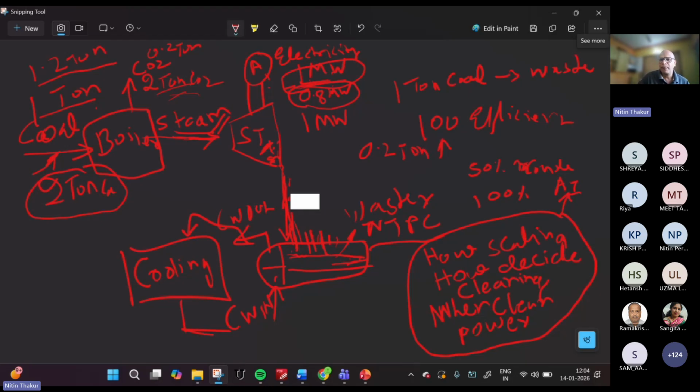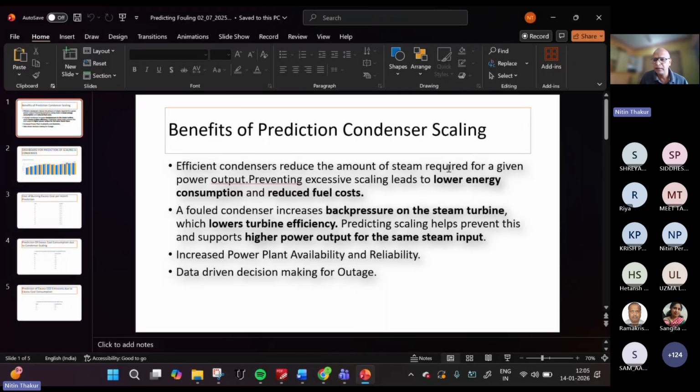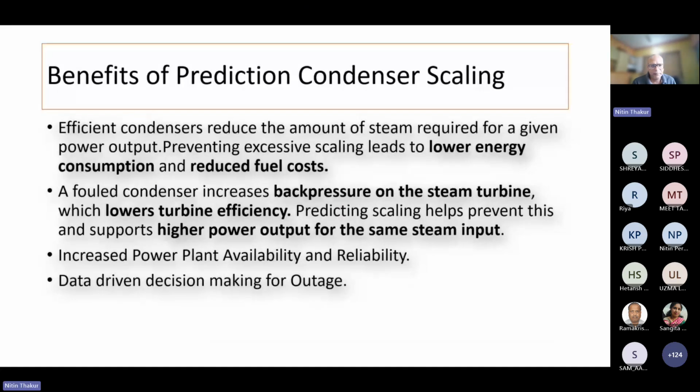So I'll just walk you through whatever I explained over here, where we really took the help of AI and what the benefits of that were.